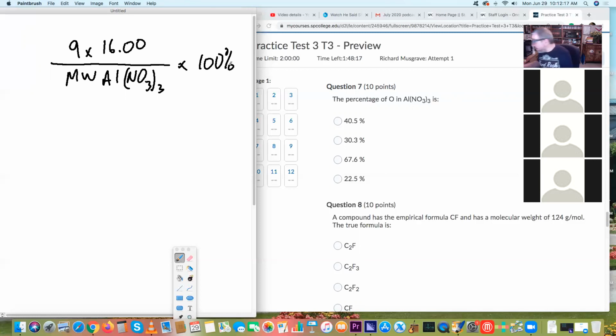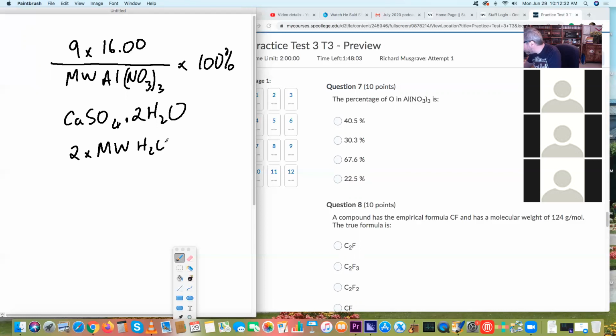The other possibility is getting, say, a hydrate and looking for the percentage of water. To do that, it would be 2 times the molecular weight of H2O, divided by the molecular weight of CaSO4·2H2O.